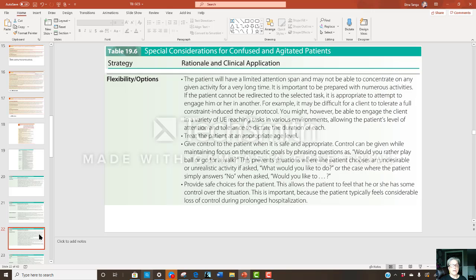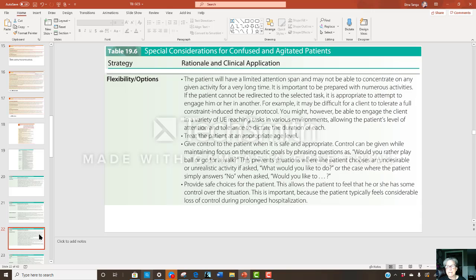Flexibility options. The patient will have a limited attention span and may not be able to concentrate on a given activity for a very long time. It is important to be prepared with numerous activities. If the patient cannot be redirected to a selected task, it is appropriate to attempt to engage him in another.